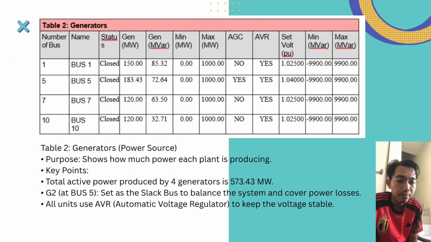Generator 2 at bus 5 is set as the slack bus to balance the system and cover power losses. All units use AVR, which is automatic voltage regulator, to keep the voltage stable.